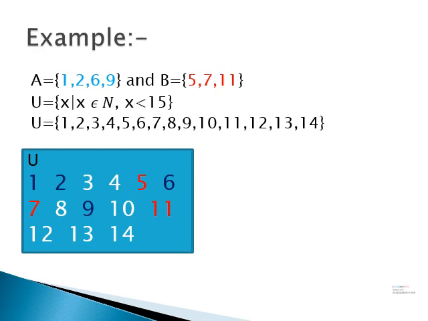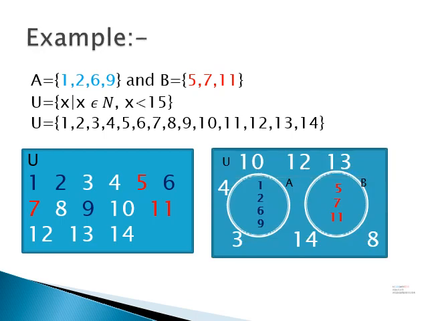This can be represented in this way. See here, to represent set A separately, I have used a circle. Here you can also see set B, whose elements are separated using a separate Venn diagram.